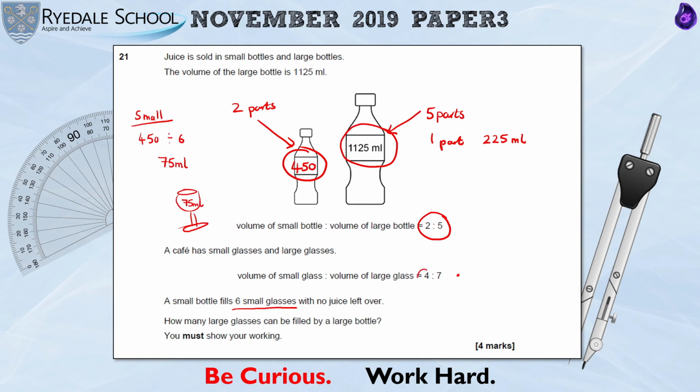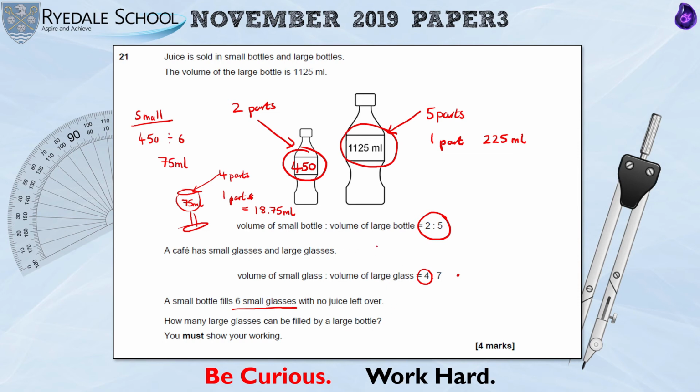And that is 4 parts, using this second ratio. Okay? Which means, dividing that by 4, that 1 part of the glass ratio, 1 part is 75 divided by 4, which is 18.75 mil.